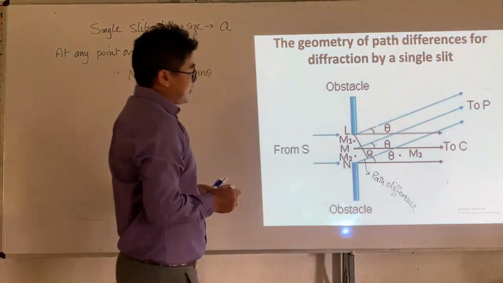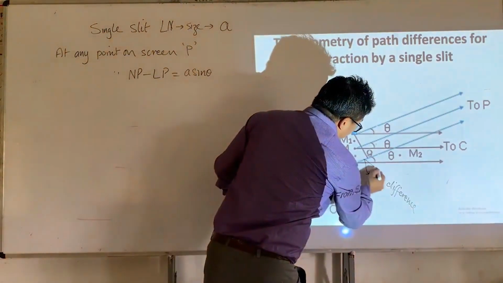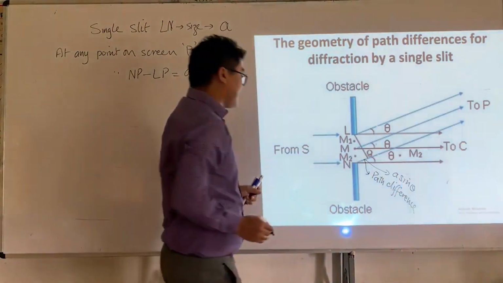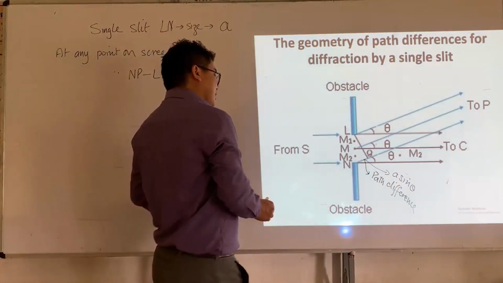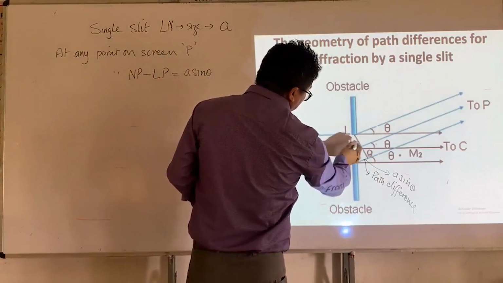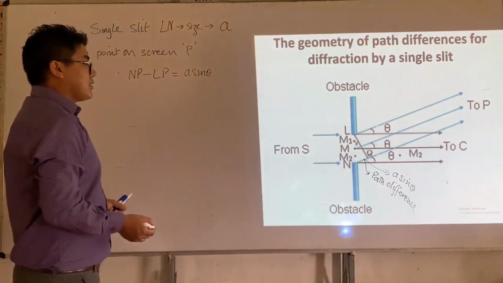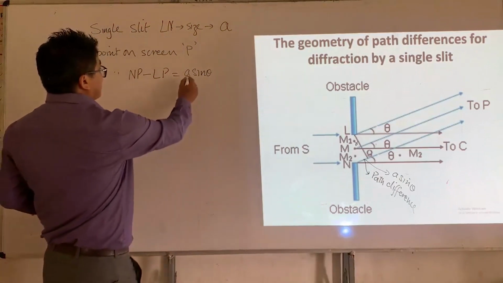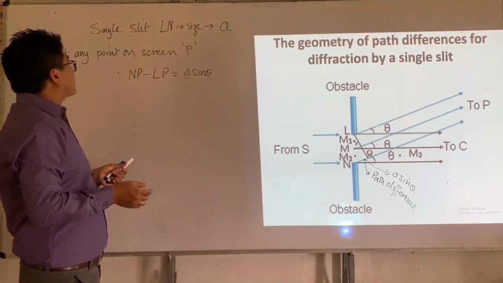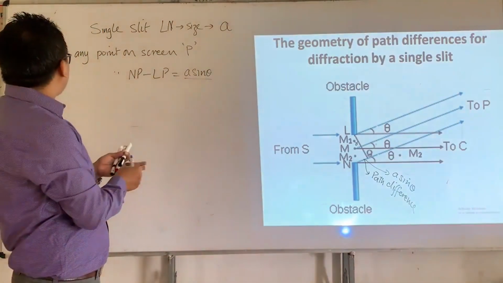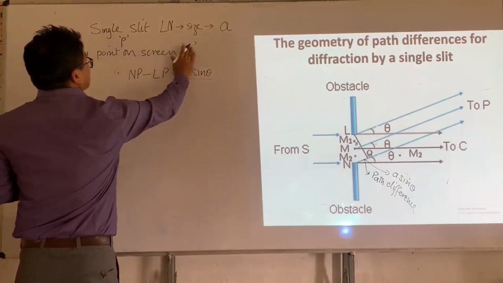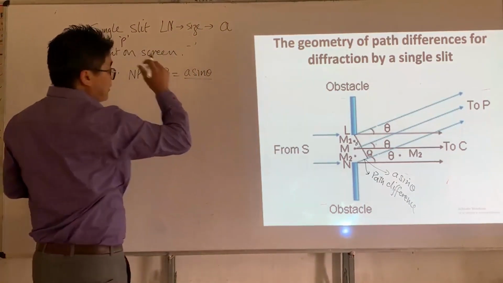This path difference is going to be A sin theta. Why? Because this angle is going to be theta. So at any point P on a screen, the path difference is this.